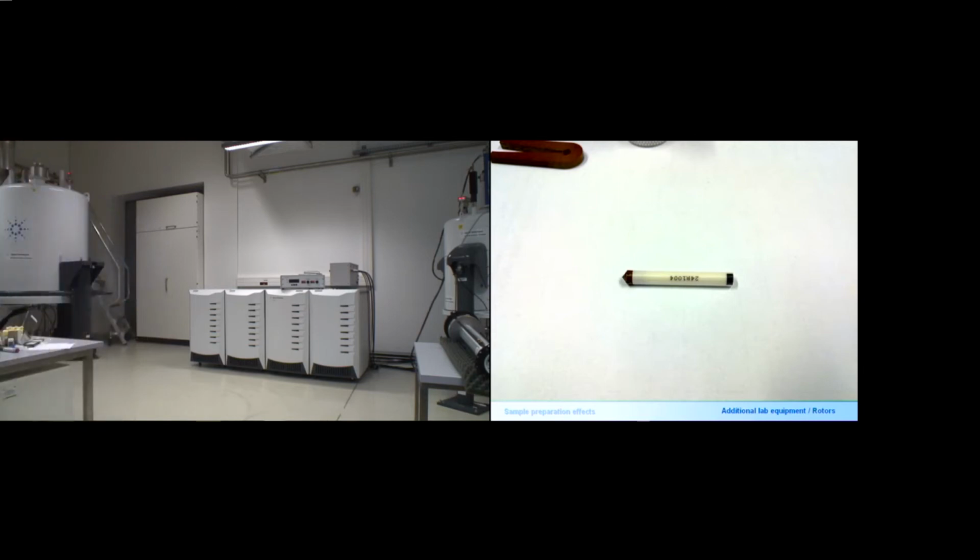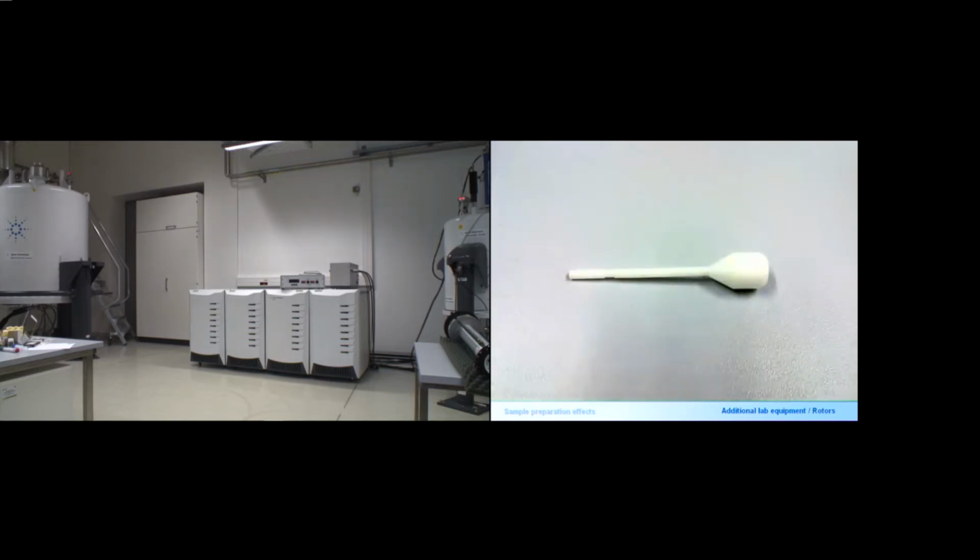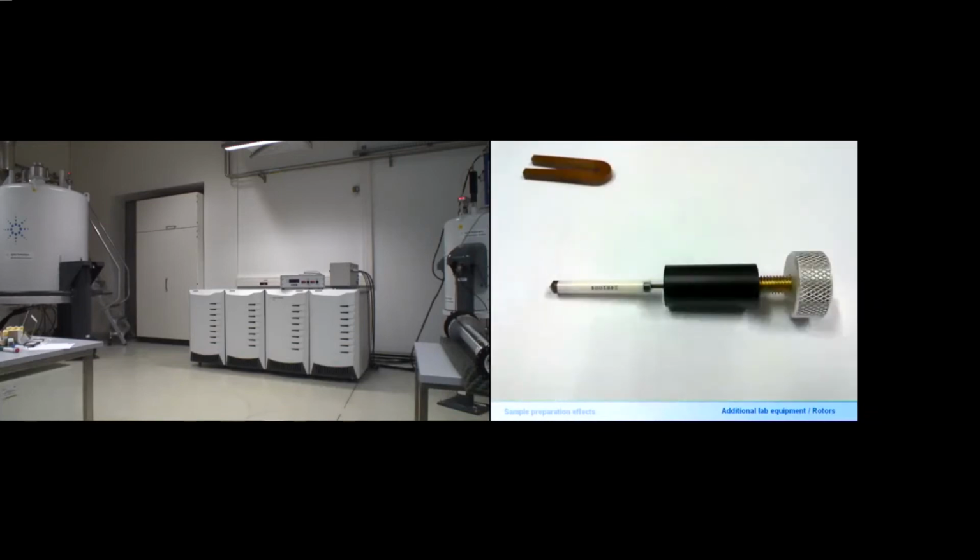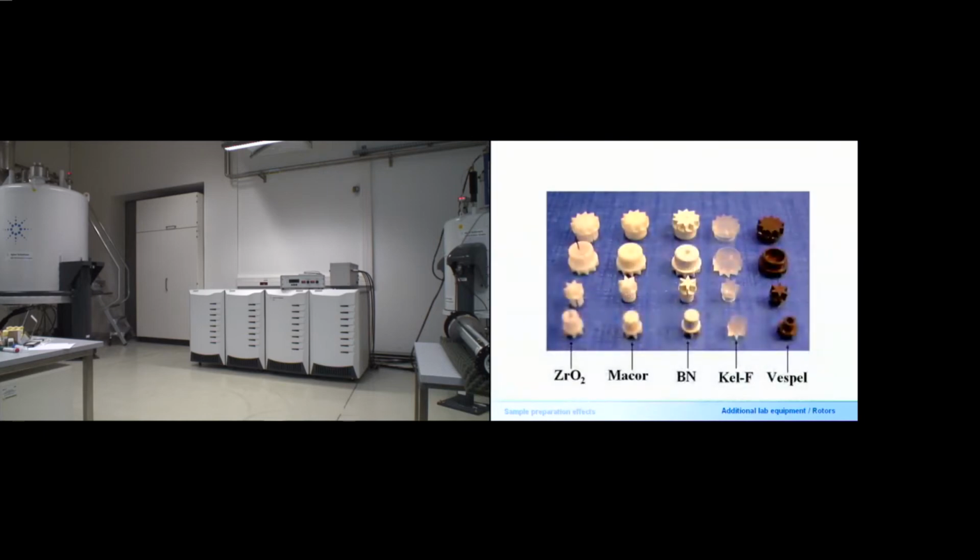The length and diameter of the rotor are designed for the length and diameter of the B1 coil, which is the detection coil. Here is some equipment used to prepare the sample, because sometimes you can make measurements on different nuclei, and you have to use different types of spinners, for example not containing protons.